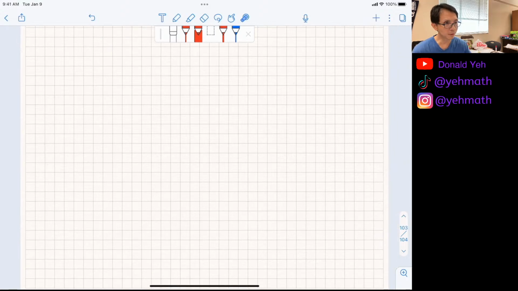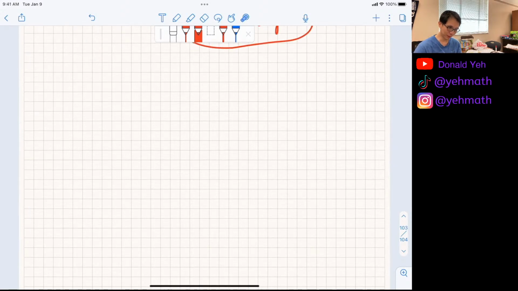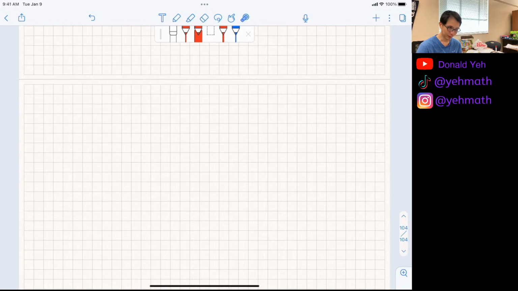So right now we're going to show you a question. Let's say f of x equal to 3x squared plus 6x plus 7.